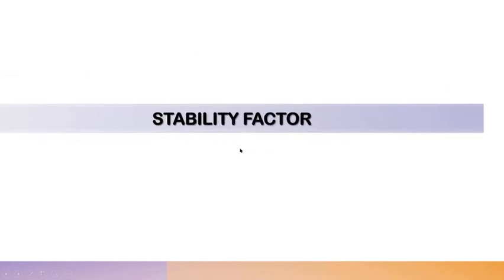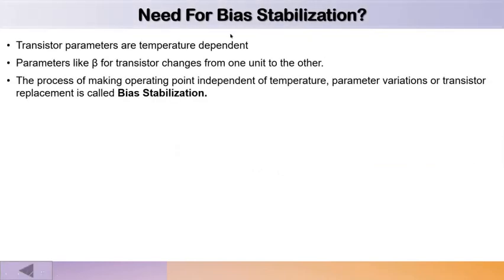Welcome to today's class. Today we are going to discuss the last topic in this module, that is stability factor. We have already discussed the need for bias stabilization. We already know that the transistor parameters are highly temperature dependent.